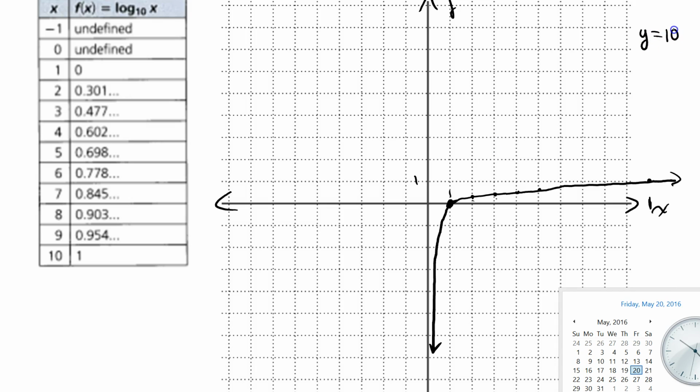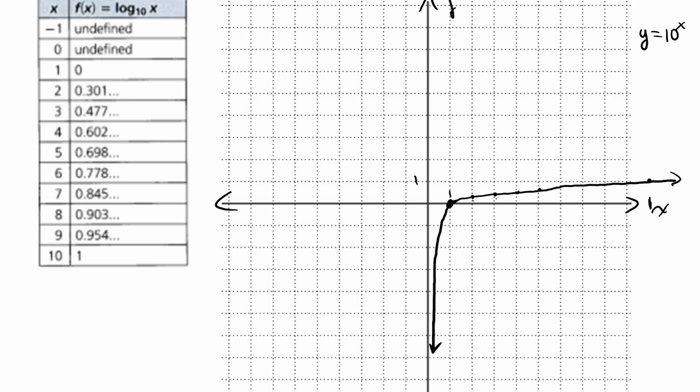y equals 10 to the power of x. Now if we were to graph that thing, what would actually happen here is it would be reflected in the line of x equals y.